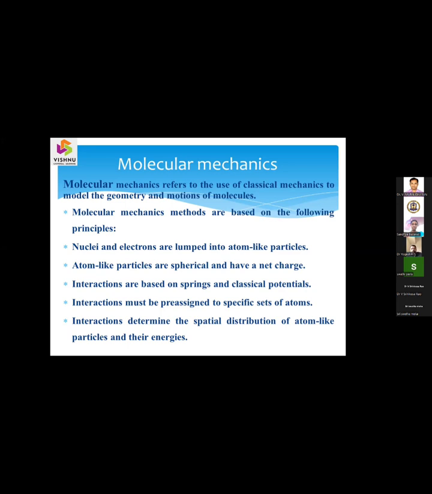These interactions determine the spatial distribution of atom-like particles and their energies. By using molecular mechanics, we can go into the atomic level of the ligand and proteins and predict how they are interacting.